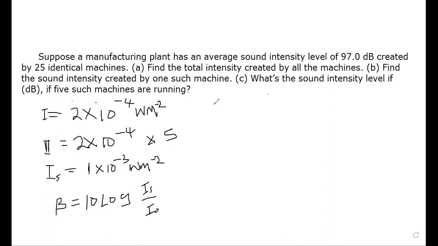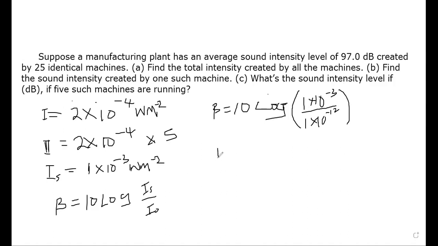So this would be beta equals to 10 log 1 times 10 to the power minus 3 all over 1 times 10 to the power minus 12.